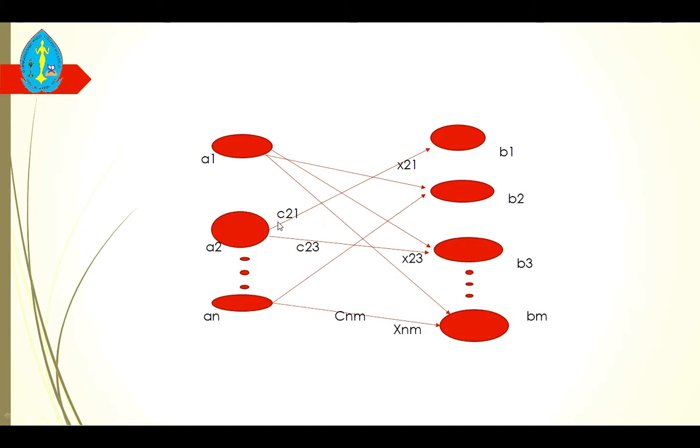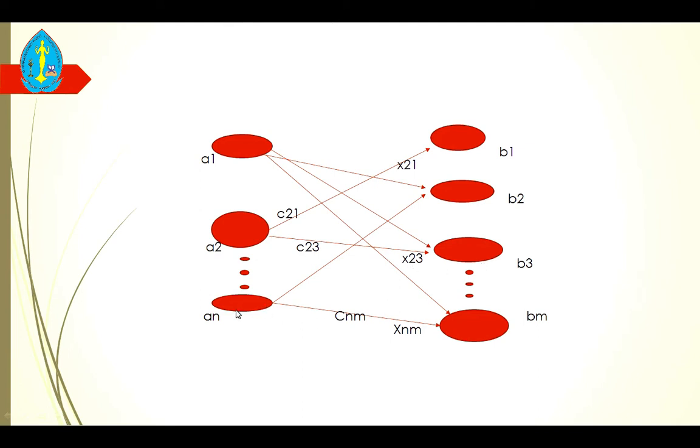For source A2 and destination B1, the cost of shipping per unit is C21. That is, second source to first destination we denote by C21 and the amount shipped is X21. The transportation cost per unit from A2 to B3 is denoted by C23 and the amount shipped from A2 to B3 is X23.